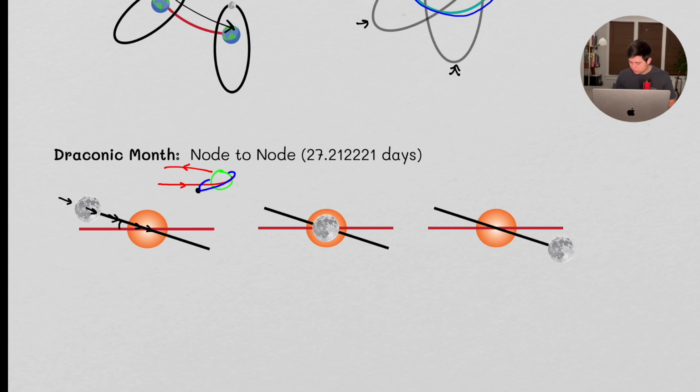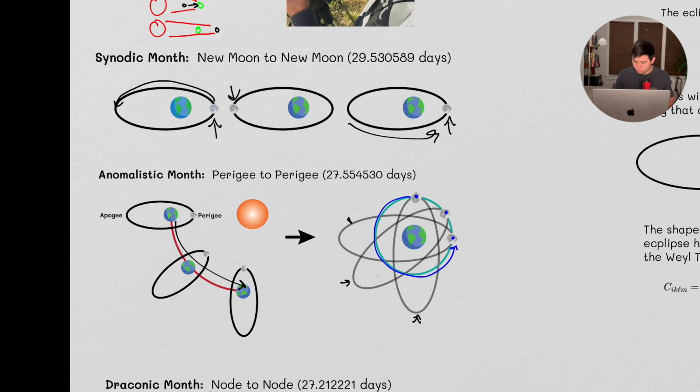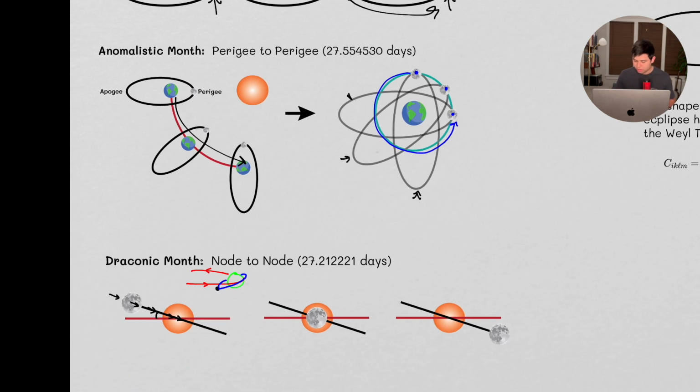All right. So what's going on here? We have 1 month, the synodic month, which is just the rotation of the moon around the Earth. You have the anomalistic month, which is the rotation of the perigee.